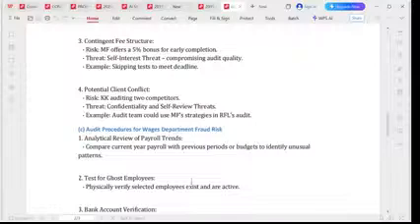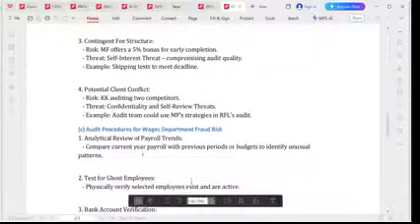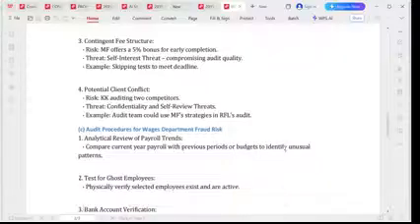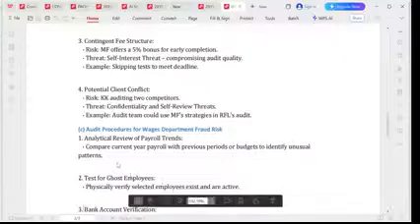If you have information about the industry, like what these competitors pay, you are analyzing. So compare current year payroll with previous periods or budgets to identify any unusual patterns.